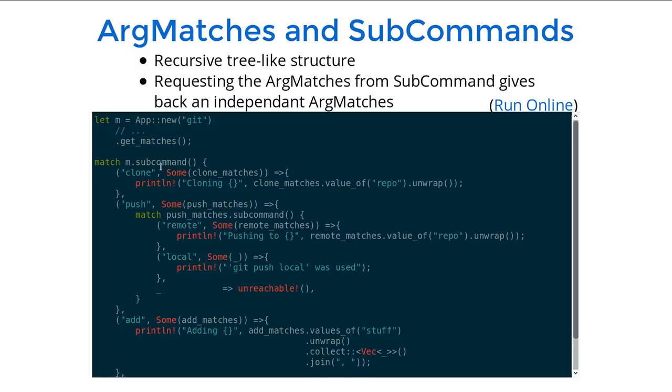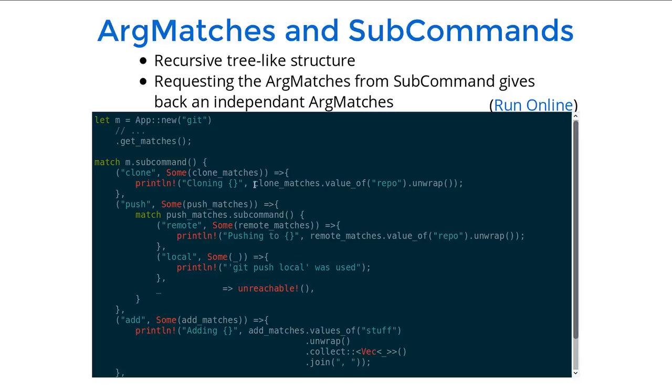When you request the subcommand from clap, you'll get back the name of the subcommand and any associated matches. So for example, if the user used the push command, you'll get back the push matches, which contain all of the arguments that push defined, as well as any subcommands that push defined as well. So from this level, we can then request push's subcommand, which maybe they used remote or local, and we get the associated matches for that.